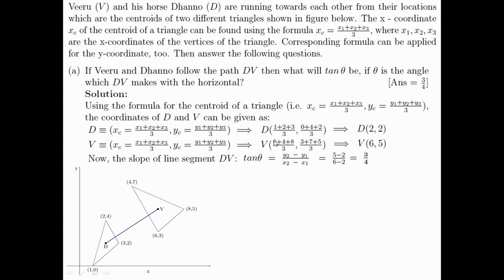Then the coordinates of D can be found as (1 plus 2 plus 3) divided by 3 and (0 plus 4 plus 2) by 3. That will be the coordinate of D, and it is (2, 2). Similarly, coordinate of V will be, from the same formula, (6, 5).